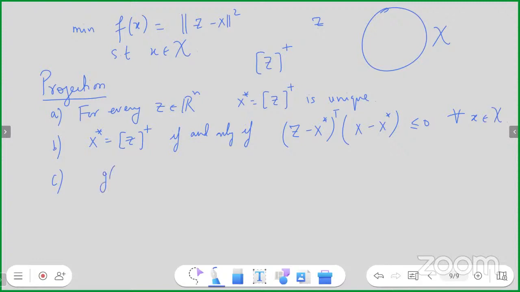Define G of Z equal to Z plus, a continuous function, and non-expansive, which is most important. We will take two points and look at their projections.